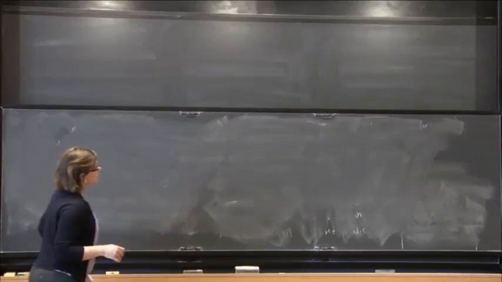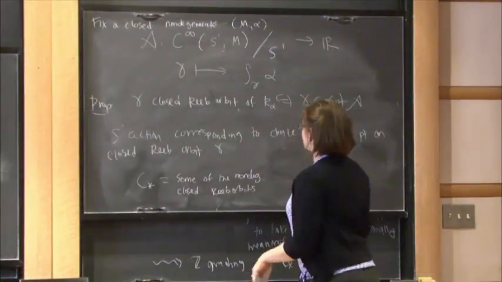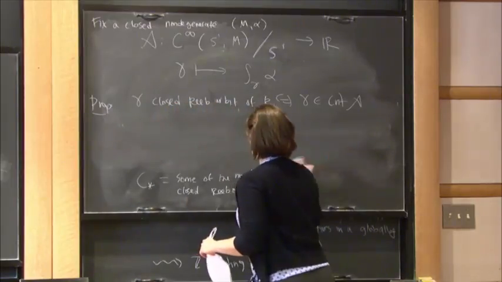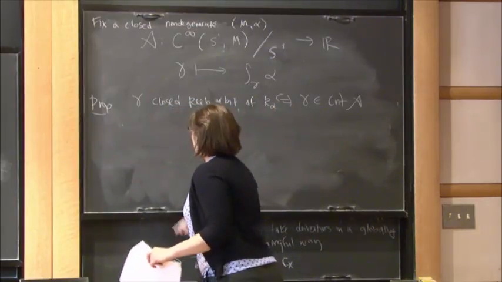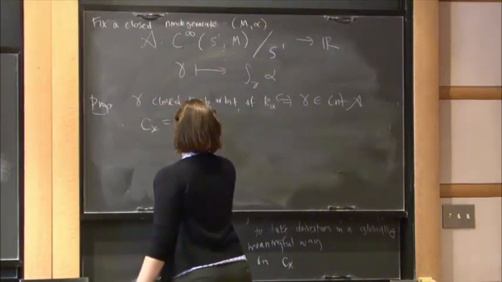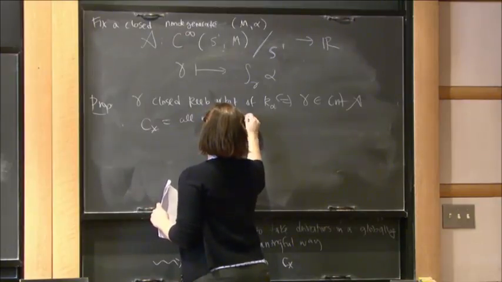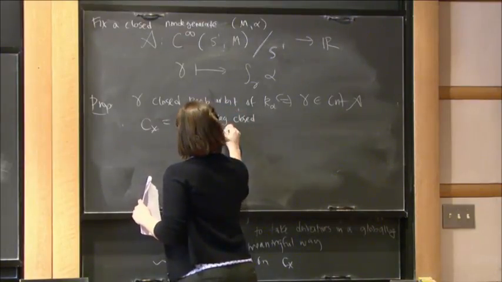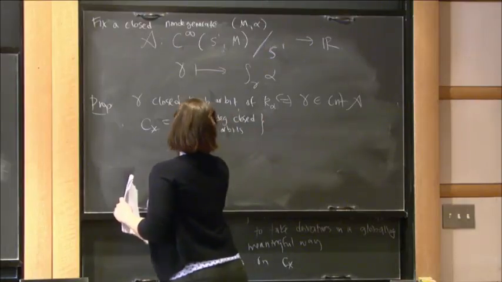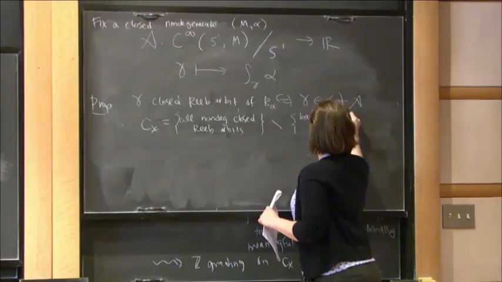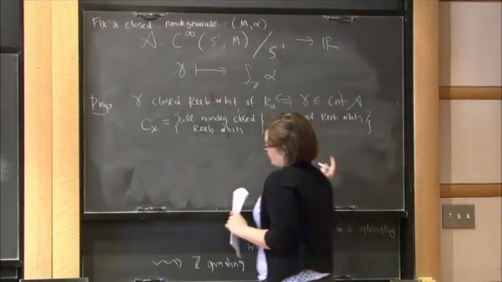I'll write it on this board so you guys can see it. So this is going to be all non-degenerate closed Reeb orbits less the set of bad Reeb orbits, which I'll explain in just a second.